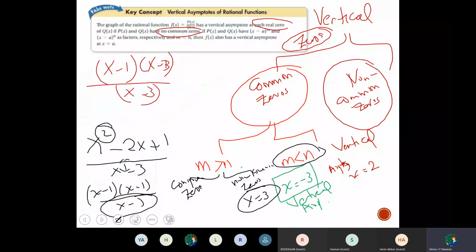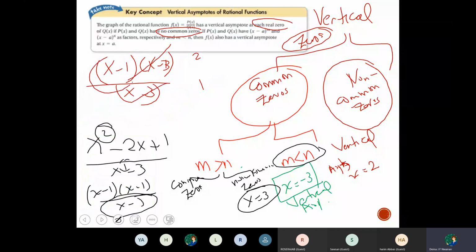Now here, what about the degree of m? It is 2. And here it is 1. 2 is greater than 1. So I will ask myself, is there a common zeros? Yes.